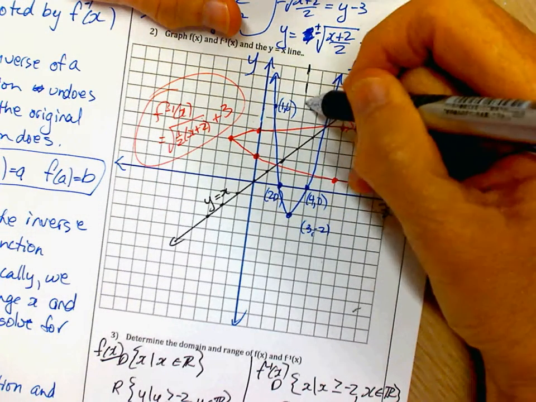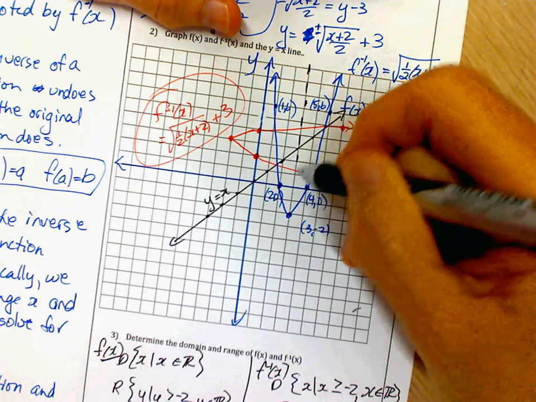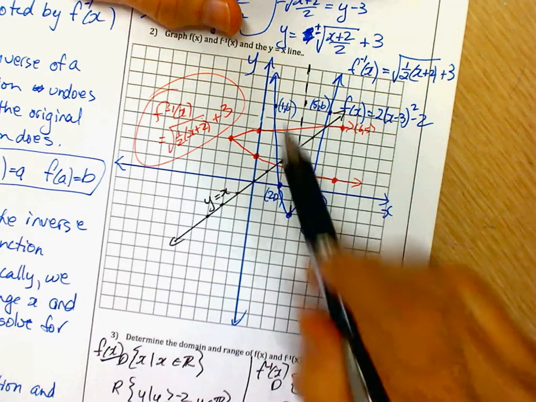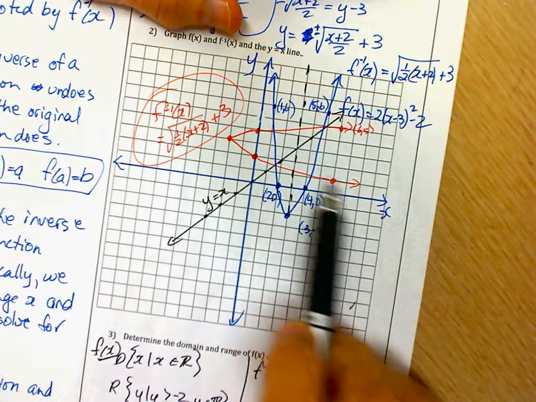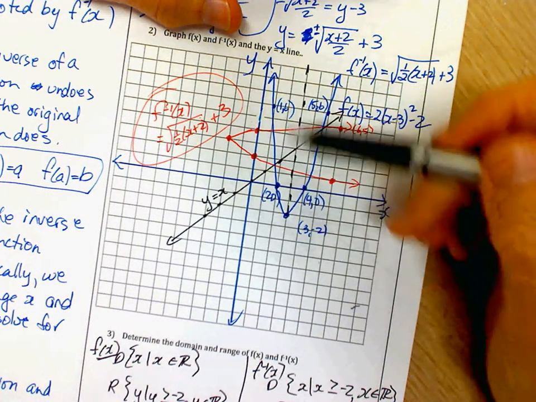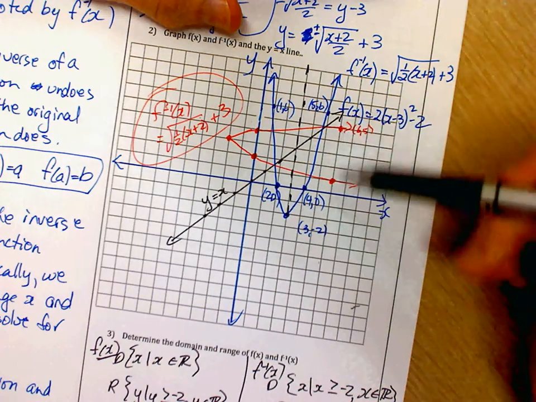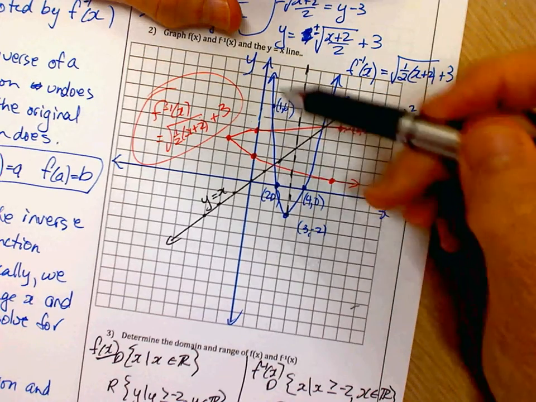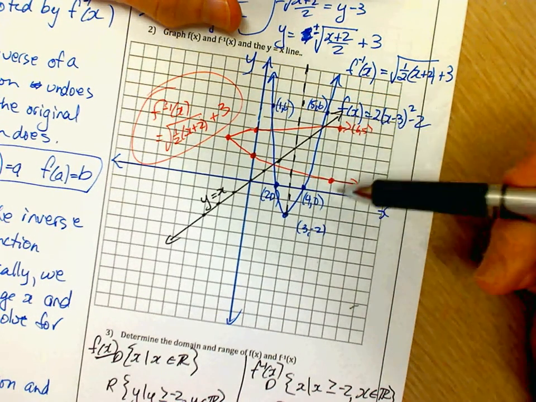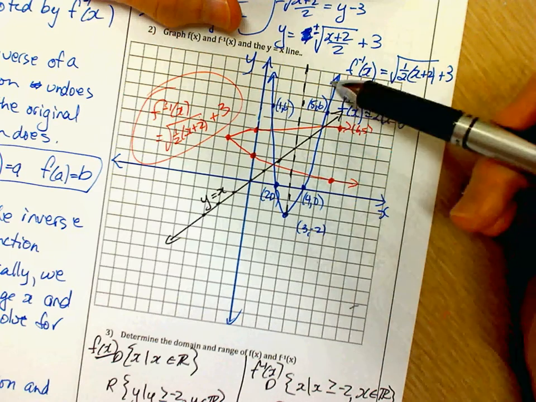There are two branches, which means we don't have an inverse function. Our inverse is actually not a function, it's a relation. So how can we restrict the domain of f of x so the inverse is a function? Let's take a look.